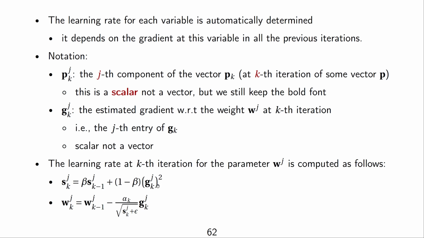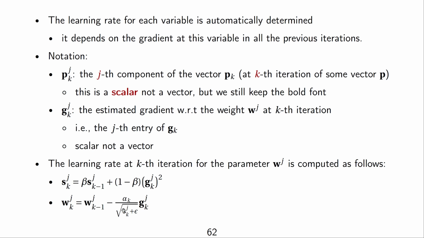Basically, this means that we're doing this exponentially moving average of each parameter j, but squared. Now the update equation itself is also written for each parameter separately, so for each weight in the network separately. So this is the weight at iteration k, and this is the jth weight.